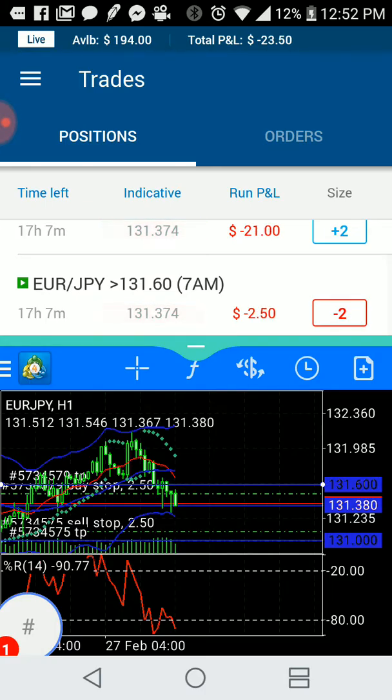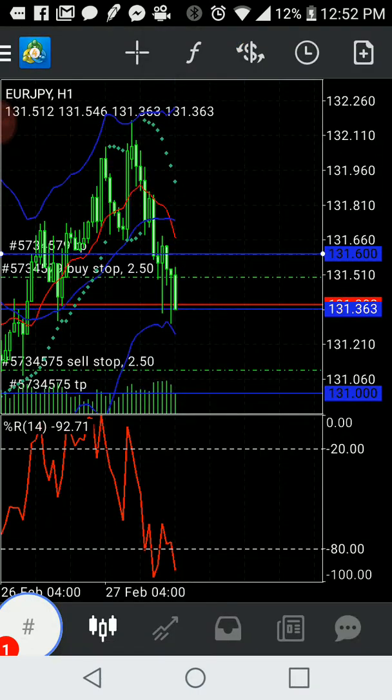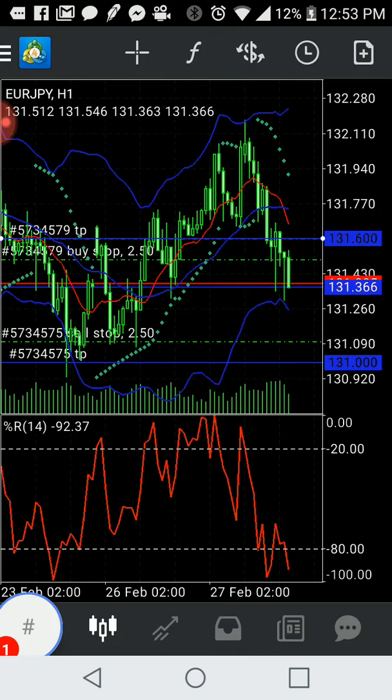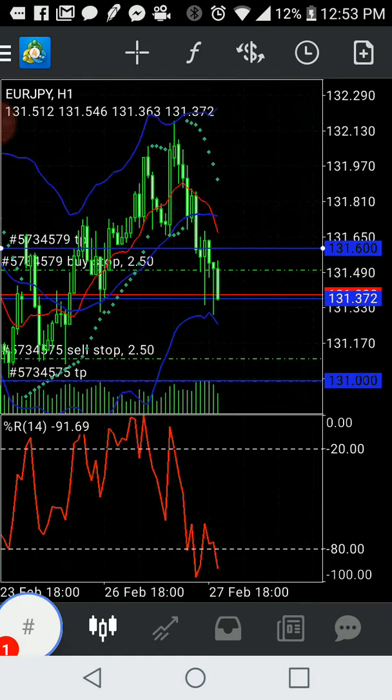Now, one thing before we go any further, do you notice that there are no stops placed with this trade? There are stops placed with this trade, but there are mental stops. And this is where the discipline comes in. You must be managing this trade at all times, because the risk factor is that price can come back and hit you and go away and knock you out. And that is unacceptable risk.